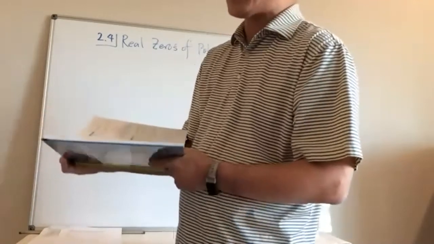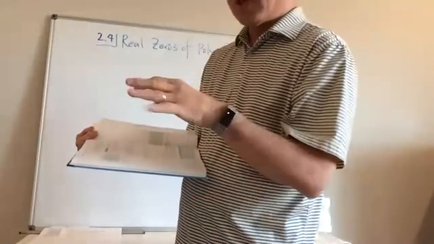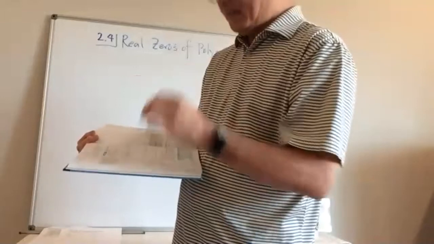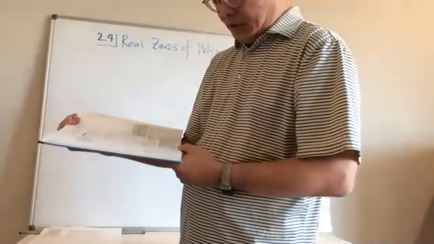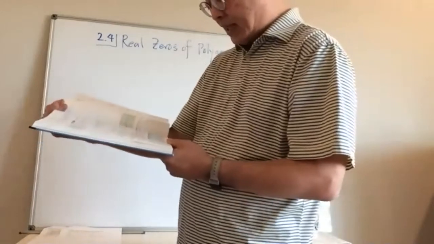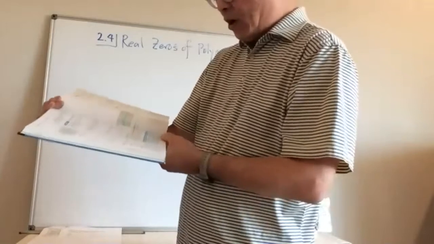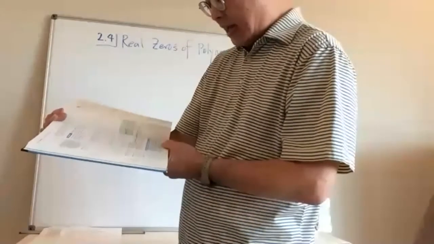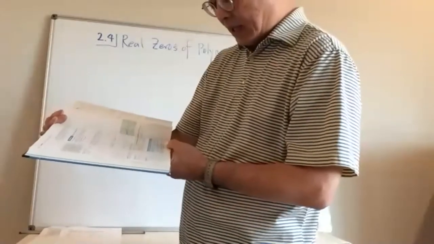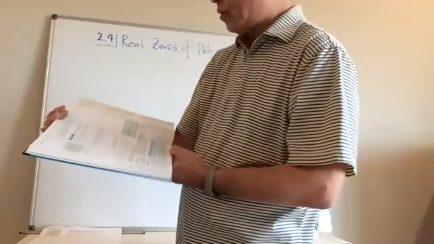So the highest zero is going to be that, because it's the upper bound. If k is less than or equal to 0 and the numbers in the last line are alternately non-negative and non-positive, then k is a lower bound for the real zeros of f.